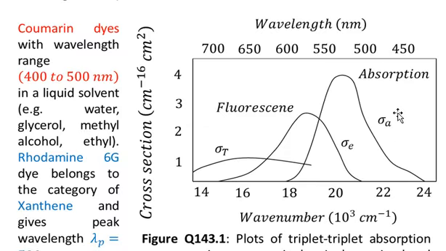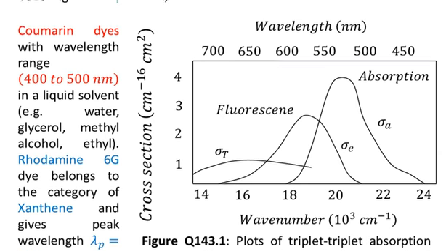And then we have the absorption cross section, sigma A. All these 3 curves are shown for the case of ethanol solution of rhodamine 6G, and these are the absorption cross sections that we shall be discussing in detail.